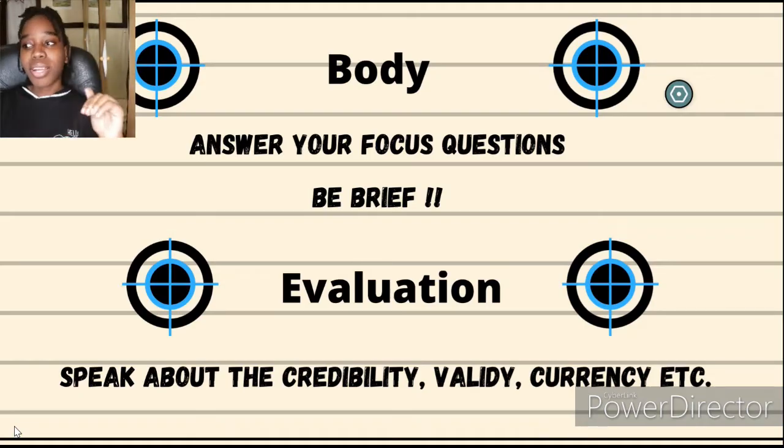So in the body, that's where you want to actually answer your focus questions and make it as concise as possible. Know how fast you can speak and what the amount of words you can actually remember. And not speaking fast. By speaking fast, I don't mean rushing your speech, but actually pacing yourself well enough to get through that 10 minutes and say everything and get all your points in without confusing your teacher, and actually getting them to understand the points you're trying to bring across. So that's important.